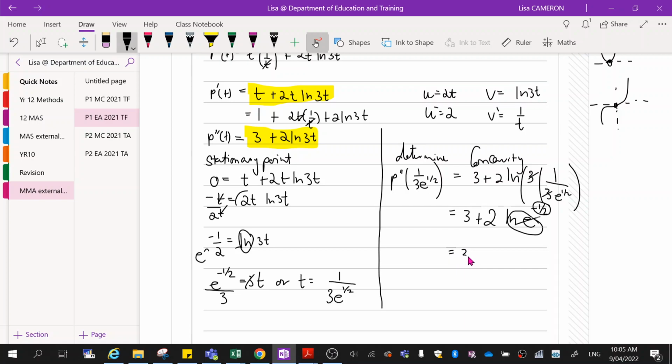So that'll be equal to 3 plus 2 times negative a half. These will cancel out, you're left with negative 1, so it's equal to 2. So the second derivative test at that point gives you a positive answer. Therefore, it's a happy face. It's going to be a minimum.